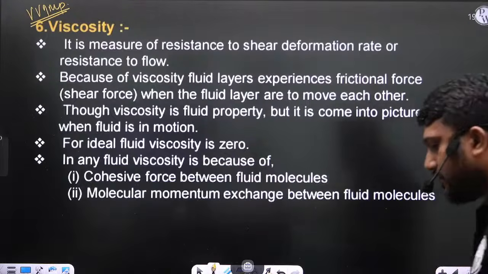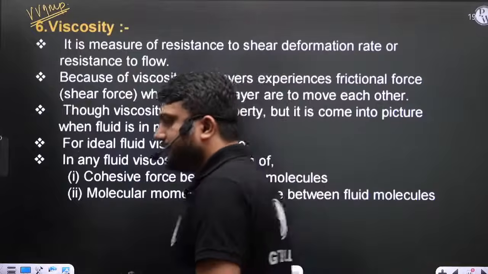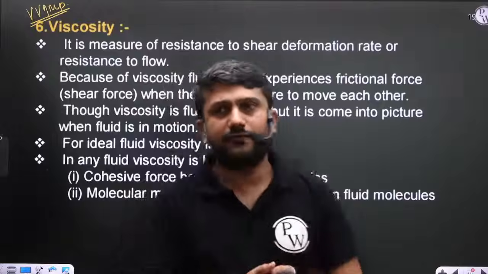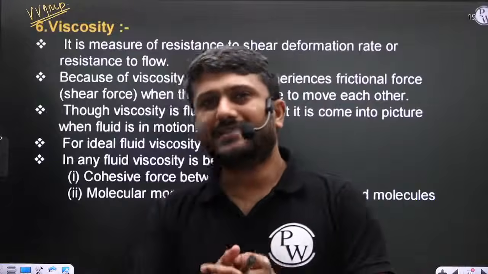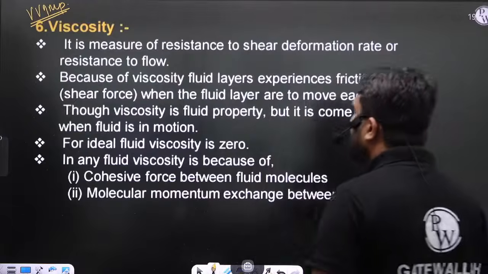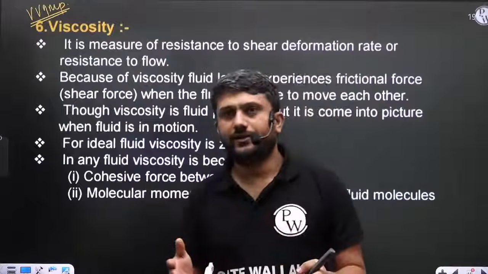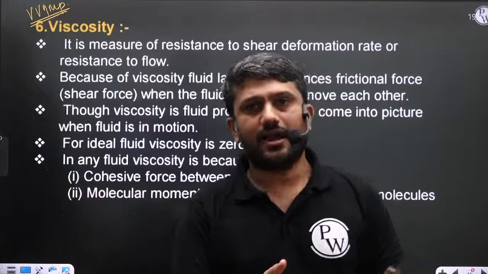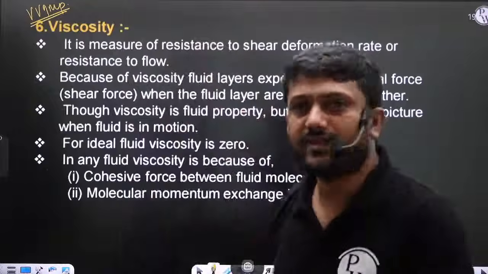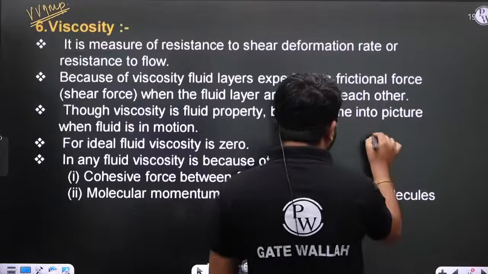Next, a very, very important point in the case of the ideal fluid. If you classify the fluid at a very basic level, then there are two types of fluid, right? One is the ideal fluid and the second one is the real fluid.